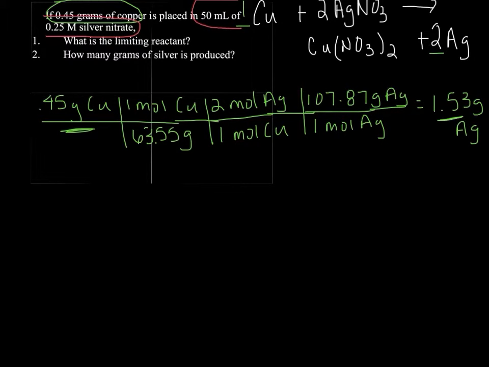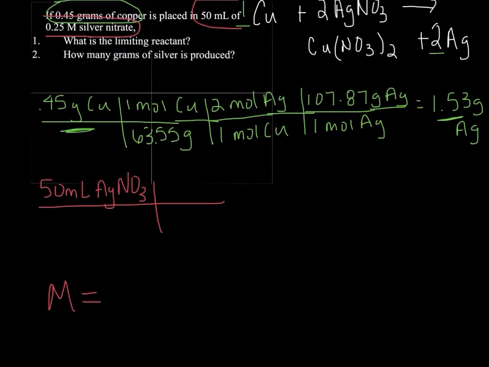So my next T table is going to start off with 50 milliliters of silver nitrate, AgNO3. Now, many of you probably need to know what that big M I keep referring to stands for. The big M, molar, refers to moles per liter. So I have 0.25 moles for every 1 liter.